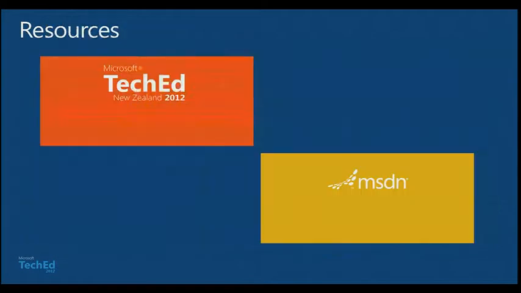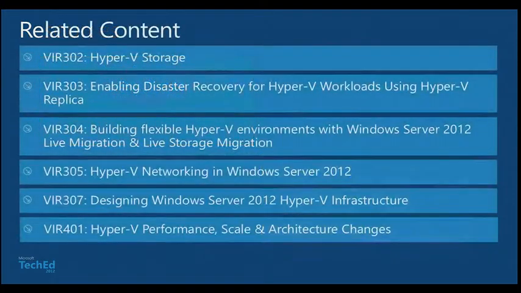Look, we did manage to race through all that because I raced through a couple of things. There are some other related sessions. I think I've referred to most of those during the session, but there are other virtualization sessions. Brendan's running a session on planning and designing a Hyper-V Server or Windows Server Hyper-V infrastructure, which I haven't got up there.